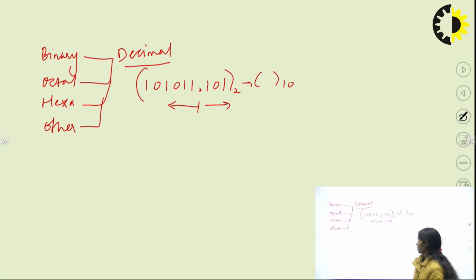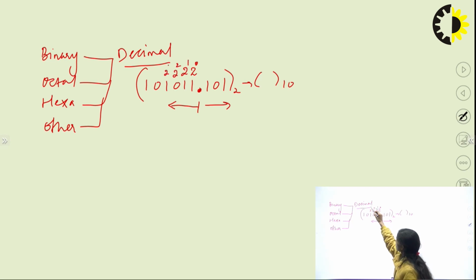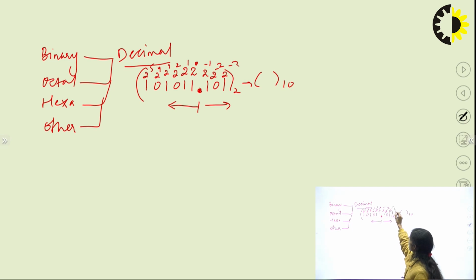On the left side of the decimal point, the positional weightage is 2 to the power 0, 2 to the power 1, 2 to the power 2, 2 to the power 3, 2 to the power 4, 2 to the power 5. And on the right side of the decimal point, it is 2 to the power minus 1, 2 to the power minus 2 and 2 to the power minus 3. So by multiplying each digit by its positional weightage, we can convert any other number system into the decimal number system.